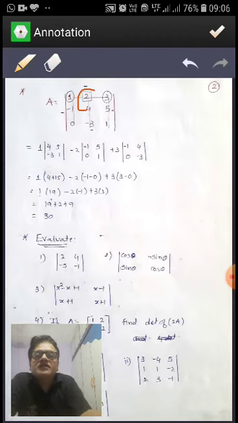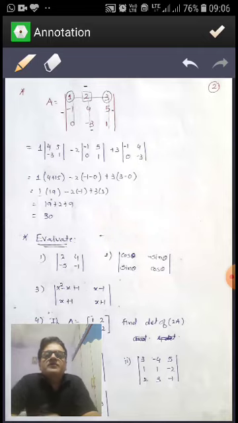So taking this number, this is 2, we have to take minus 2. So remove this. What is remaining? Minus 1, 5, 0, 1. Then take the last number of the first row, 3, plus 3, minus 1, 4, 0, minus 3.